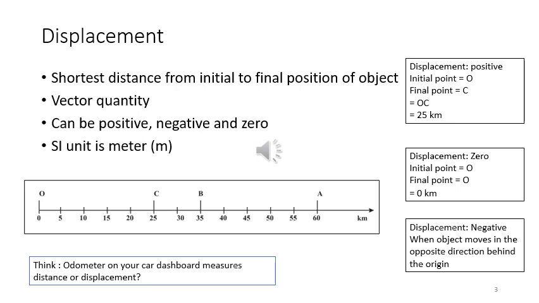So if a physical quantity needs two major things, like magnitude and direction, to justify it, then we would say that it is a vector quantity. So an object is displaced.